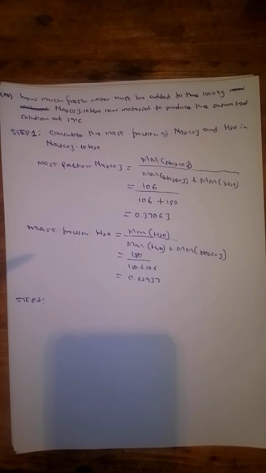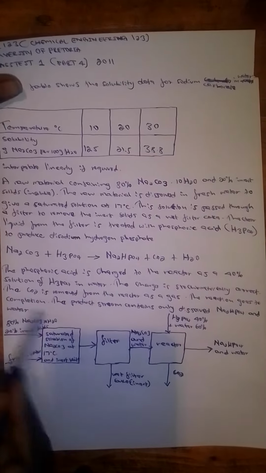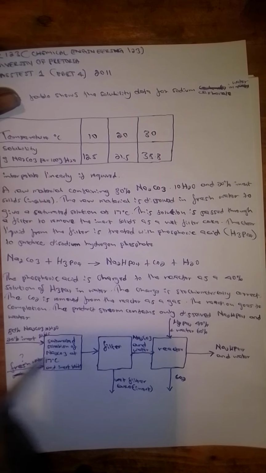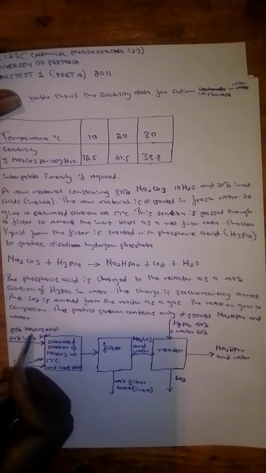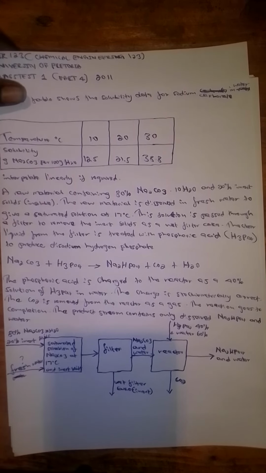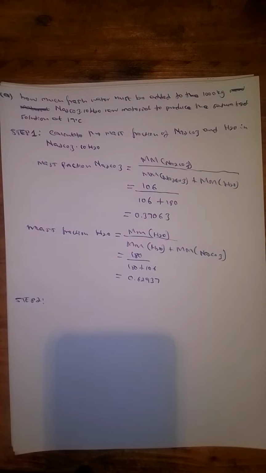Remember, we have been given a basis of 1000 kilograms of the raw material, which means everything here, including the inert, is 1000 kilograms. So we want to know that out of the 1000 kilograms, how much Na2CO3 and how much H2O is there. Calculating that is going to help us figure out all the other information that we're going to need along this question.